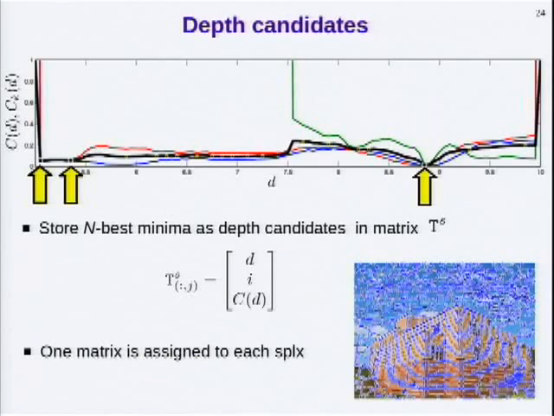These are our depth candidates. We take the n best minima as depth candidates and store them in a matrix. In our experiments, we usually take only the 3 best minima for each superpixel, and we remember the matrix T.